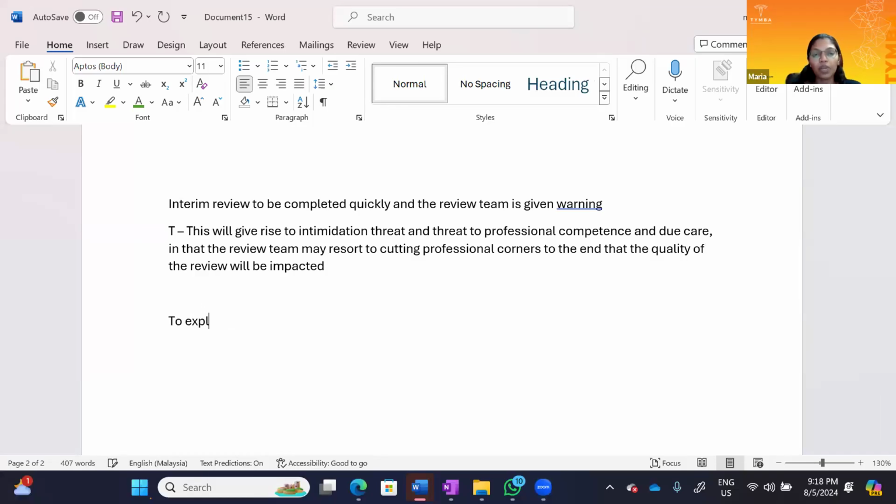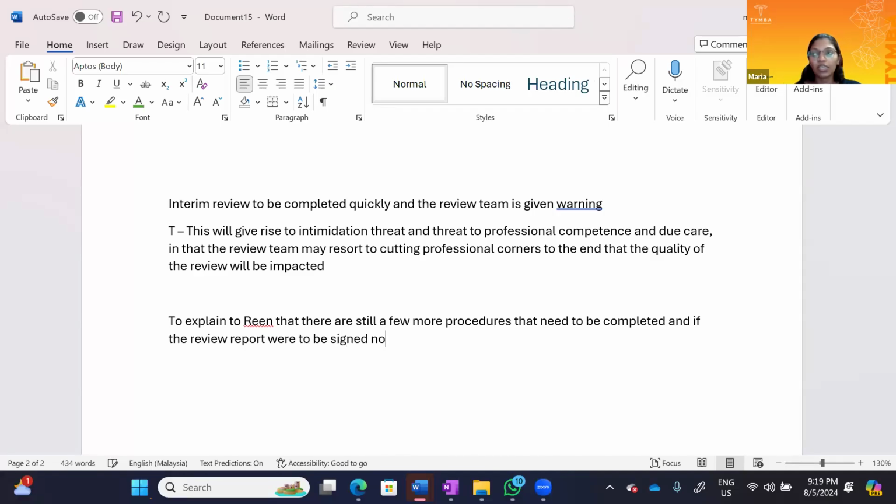Explain to Rin that there are still a few more procedures that need to be completed, and if the review report were to be signed now, it will amount to a limitation of scope.